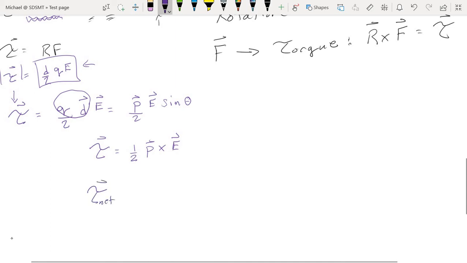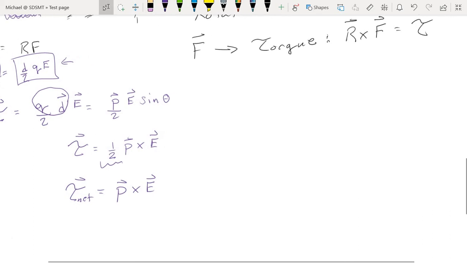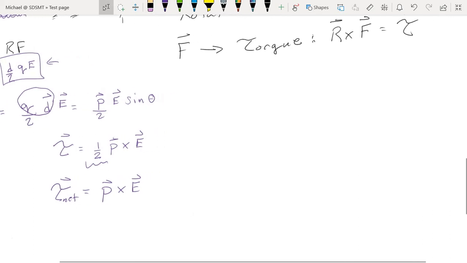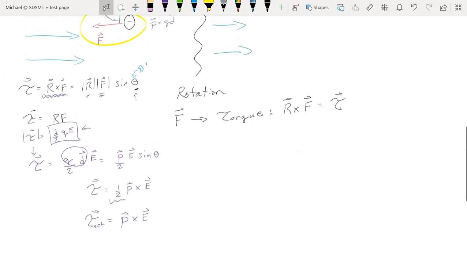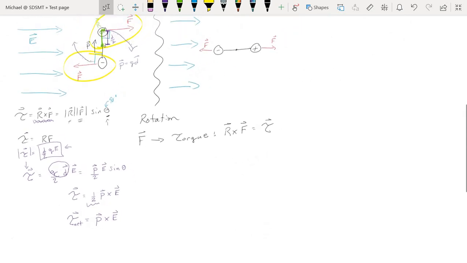As such, we now have a net torque acting on our dipole moment that is equal to P cross E. So we had twice as much as what we had up here, so now we lose the 2. Alright, so now we know how much torque we're getting out of this rotating dipole.